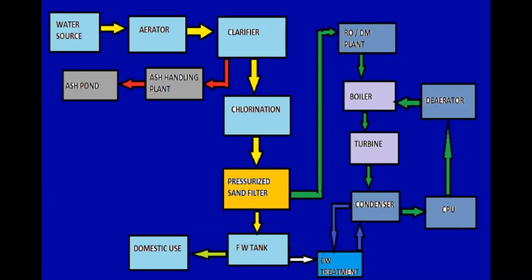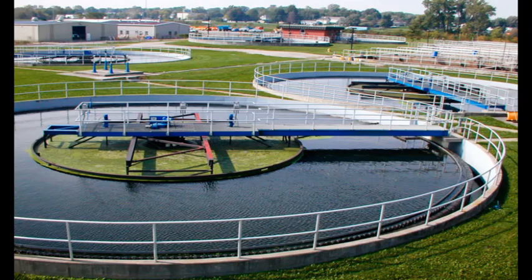So looking into the various requirements, the processing of water is done in different phases. Initially, the raw water, surface water, is passed through an aerator to clean it, and there is a clarifier, actually called a clariflocculator, where we dose alum and lime and pass it through a pressurized sand filter to remove all the sediments.